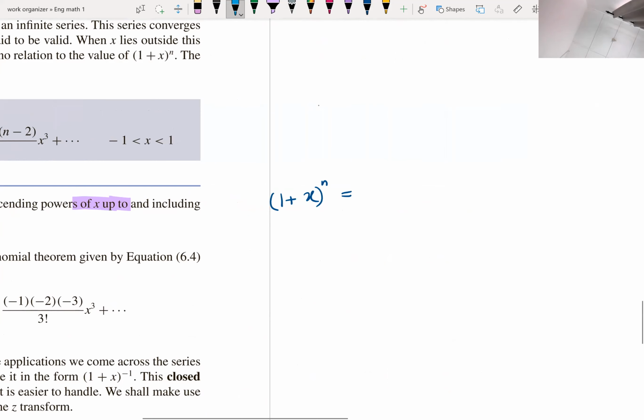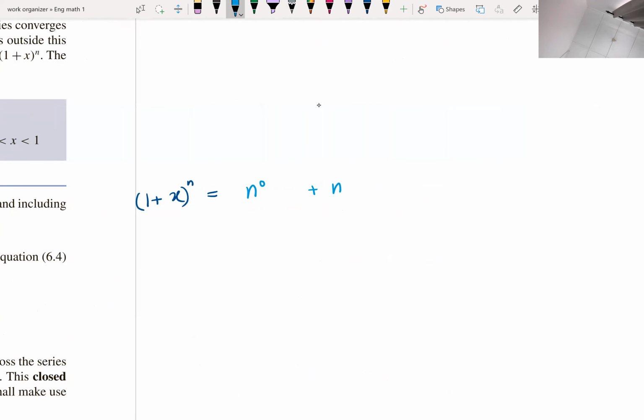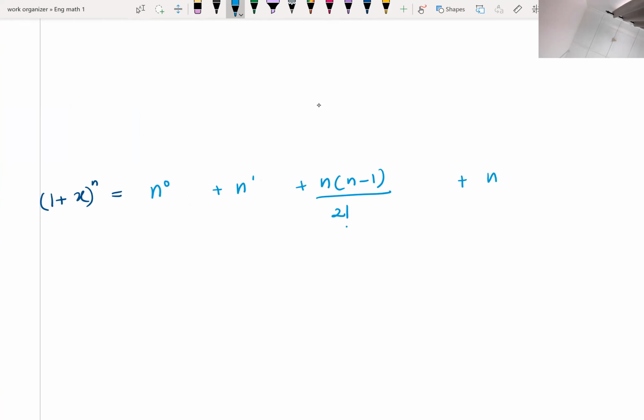It will be n choose 0, plus n choose 1, plus n choose 2, plus n choose 3. And for 1, it will be decreasing, 1^n, 1^(n-1), 1^(n-2).